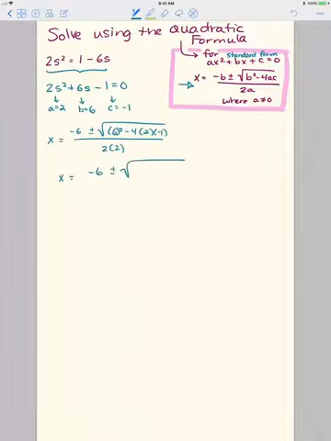Cleaning that up, we get negative 6 plus or minus. So under the radical, 6 squared minus, or it would be plus 8, would be 36 plus 8, which would be 44. So we can square root 44 and throw it over 4.